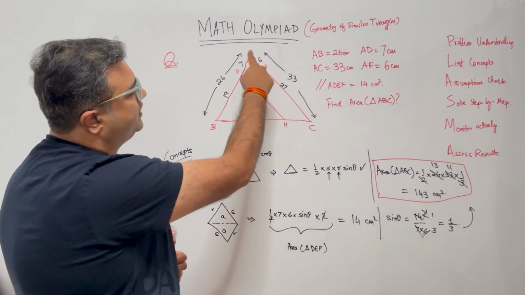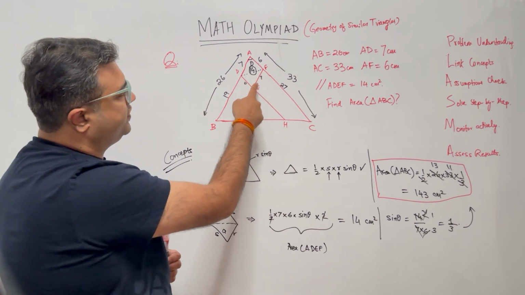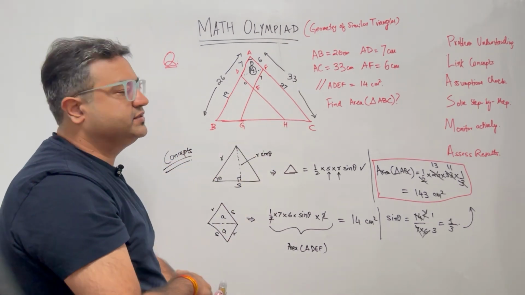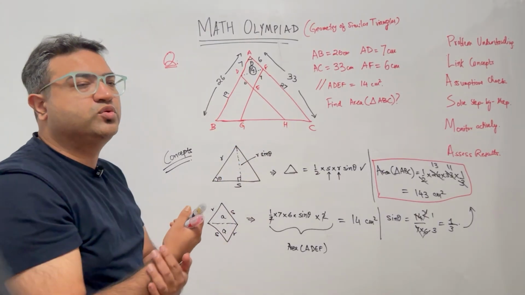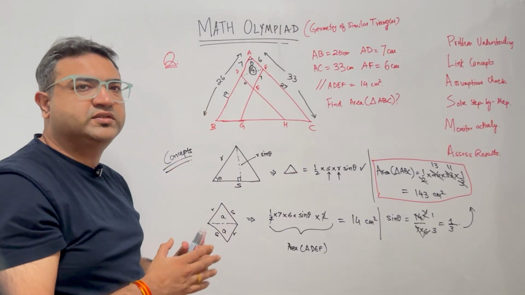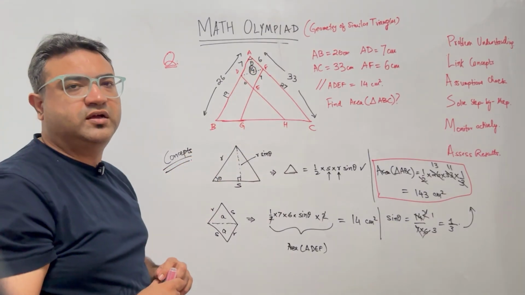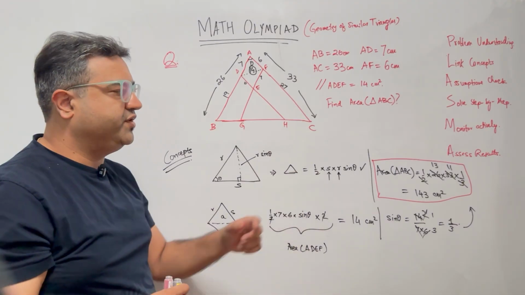Or we could have gone AC over AB is the same as FC over FG. So this is basically the ratio of two sides on a similar triangle. So there are many ways to get this, but we have to always make sure what our objective is and what the easiest way to reach there is. Calculating this angle is the fastest way for this problem, and we have got this answer.